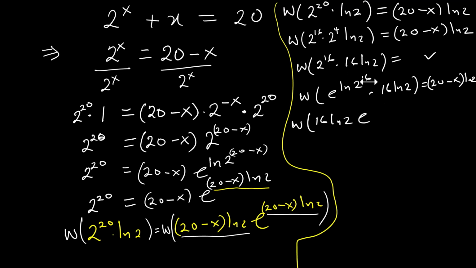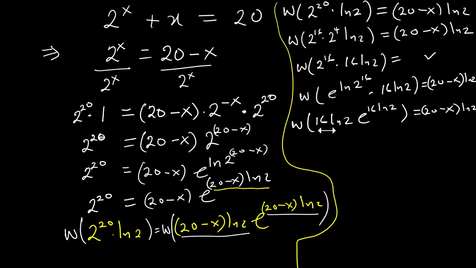This one is a power rule, which will be 16 ln of 2, equals 20 minus x ln of 2.